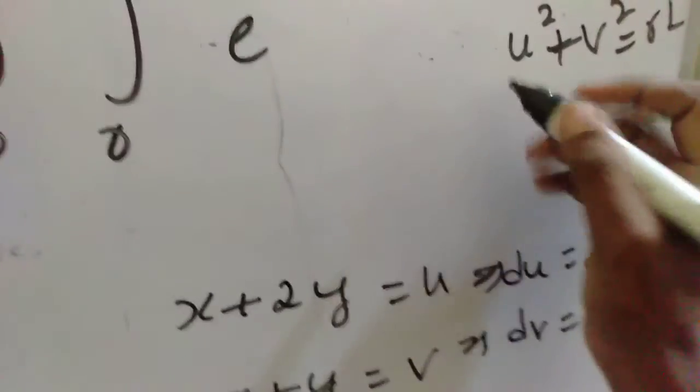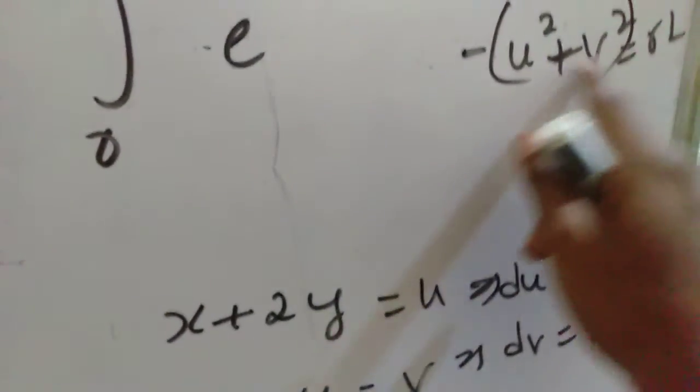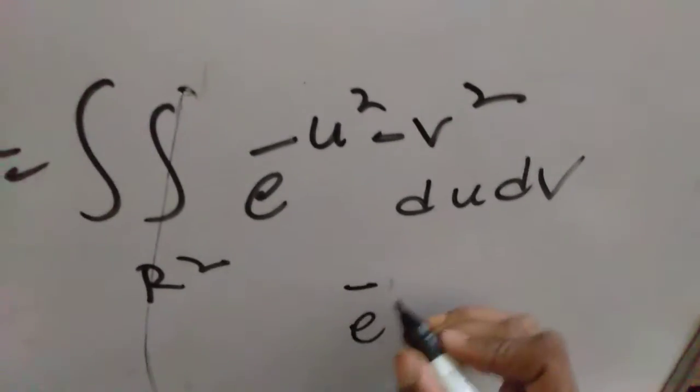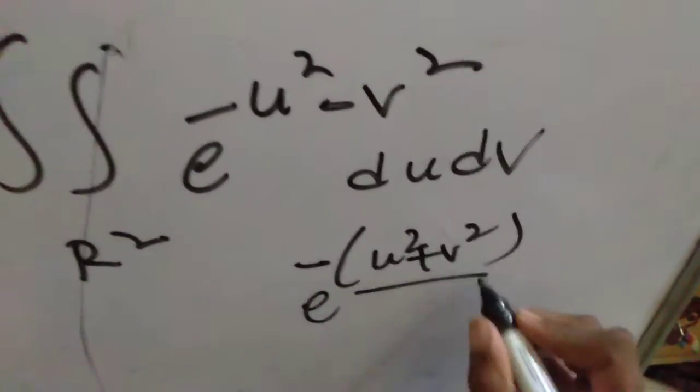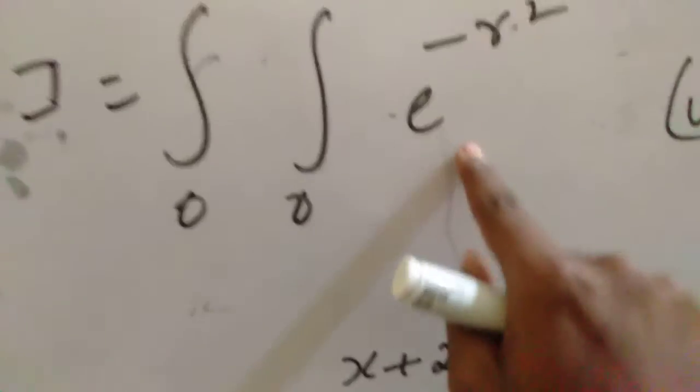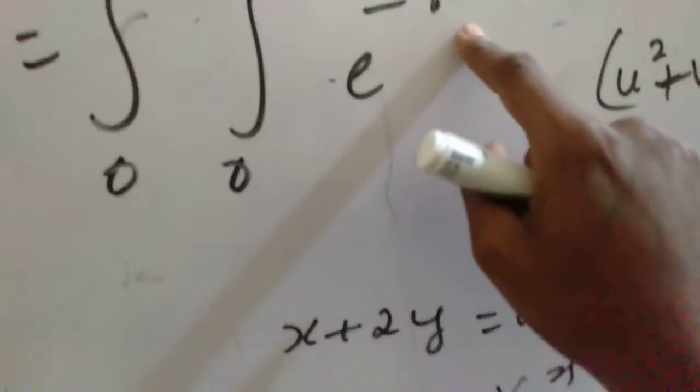Then taking minus as common, this is in the form of u^2 e^(-(u^2 + v^2)). This term becomes r^2, that's why I have taken r^2 e^(-r^2), and du dv value is r dr d theta.